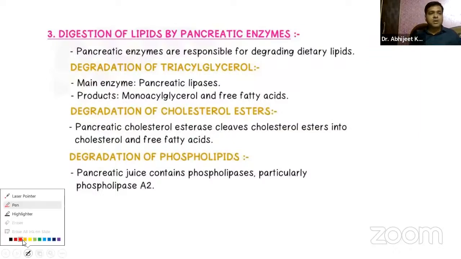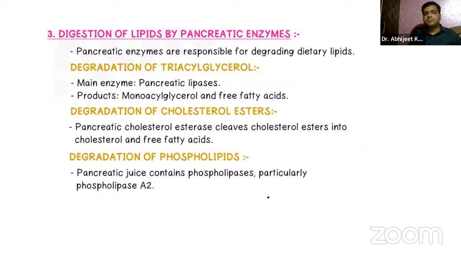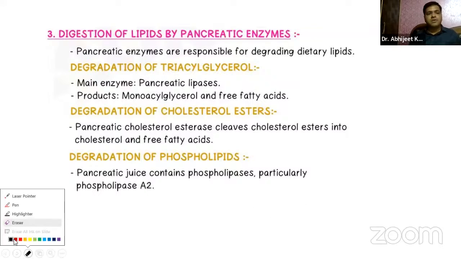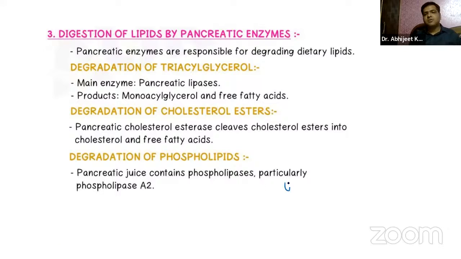Apart from that, we have a very important organ over here that is called the duodenum.